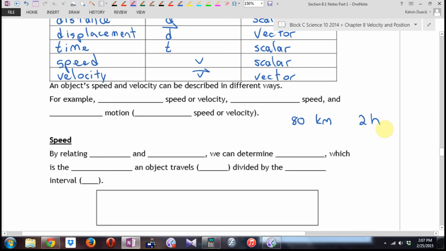I'm willing to bet sometimes you were going faster than that. Sometimes you were going slower than that, because to drive for 2 hours and never have your speed vary is very, very difficult. So we have something called average speed, which is how we measure freeway speeds, for example.